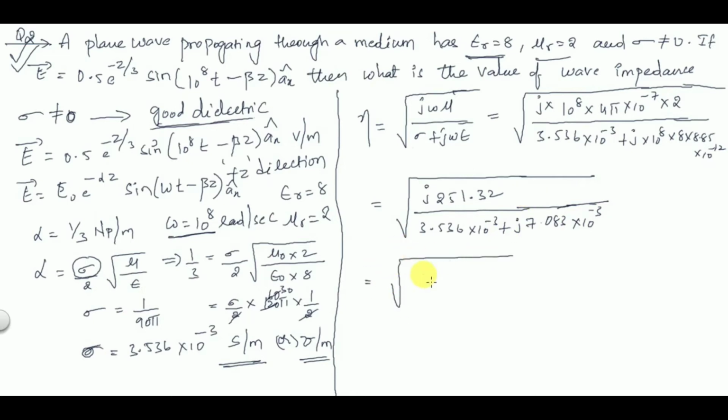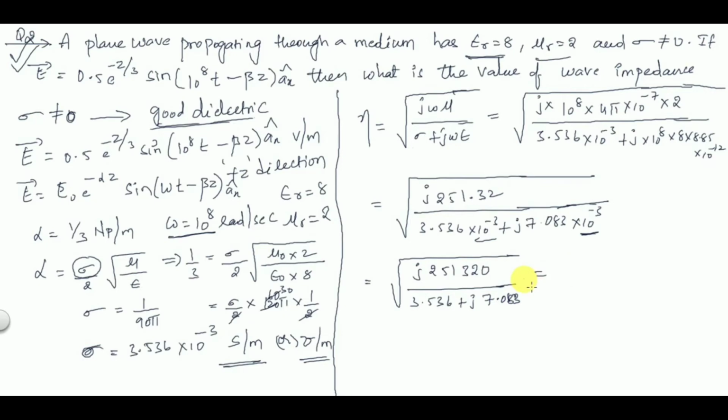So you will get j 251320, as I am multiplying with 10 to the power of 3 here. The denominator also, if you multiply with 10 to the power of 3, these two terms get cancelled off. So what is left over is 3.536 plus j 7.083.